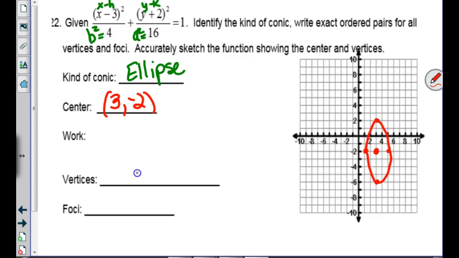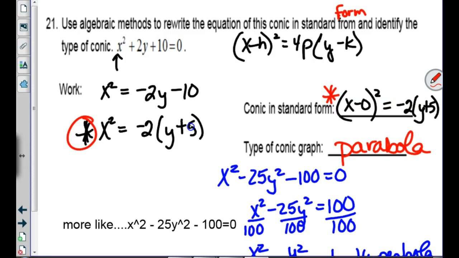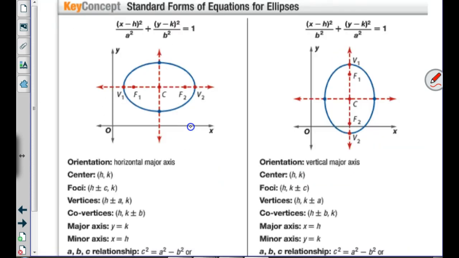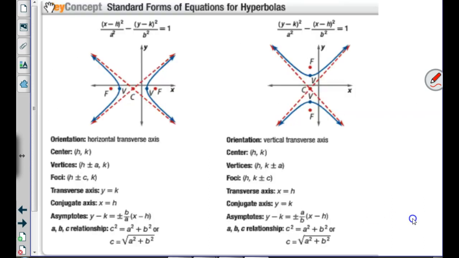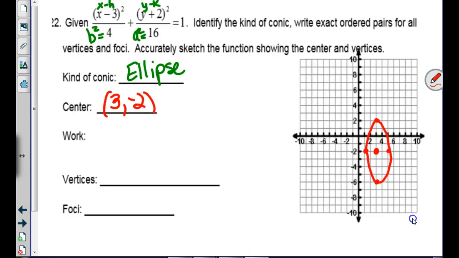Okay. Now it says find the vertices. What is the definition for vertices when you have an ellipse that's longer up and down? Right. So that should be 3, -2 plus or minus 4.